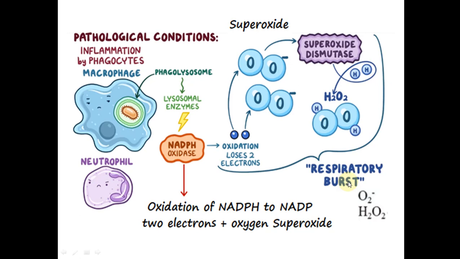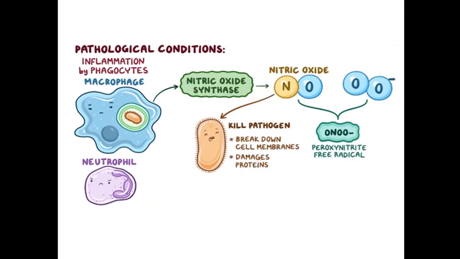So, the two important components of the respiratory burst are the superoxide and hydrogen peroxide. The phagocytes use these free radicals to kill the microorganisms, because by these free radicals they can damage the membranes of the microorganisms as well as their DNA and nuclear structures.